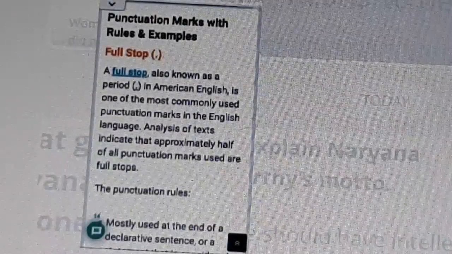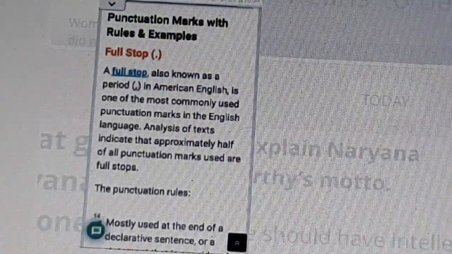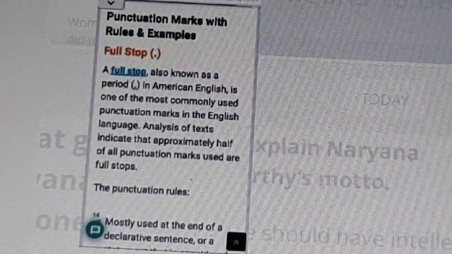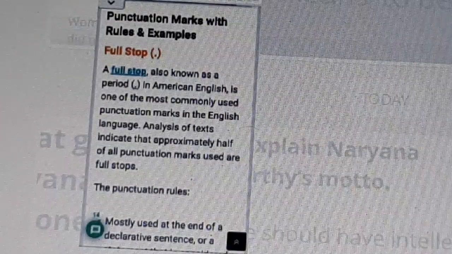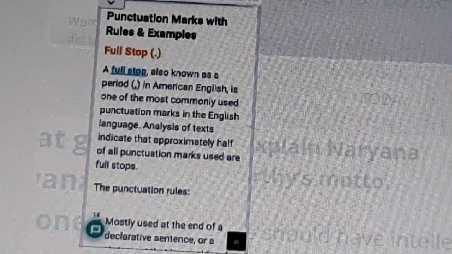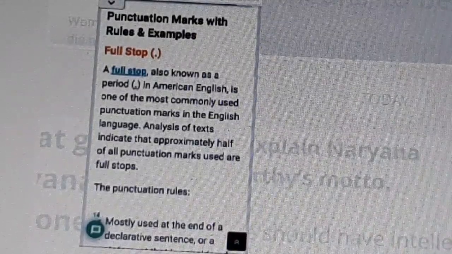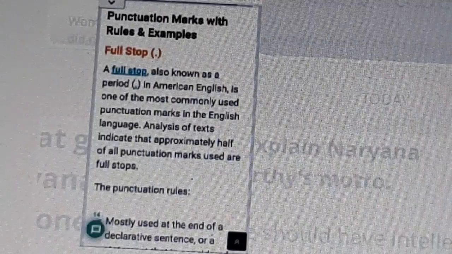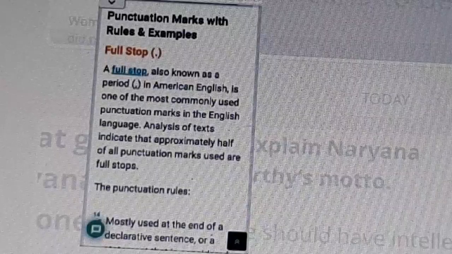Once again, the punctuation marks with rules and examples. Full stop, also known as a period in American English, is one of the most commonly used punctuation marks in the English language. Analysis of text indicates that approximately half of all punctuation marks used are full stops.